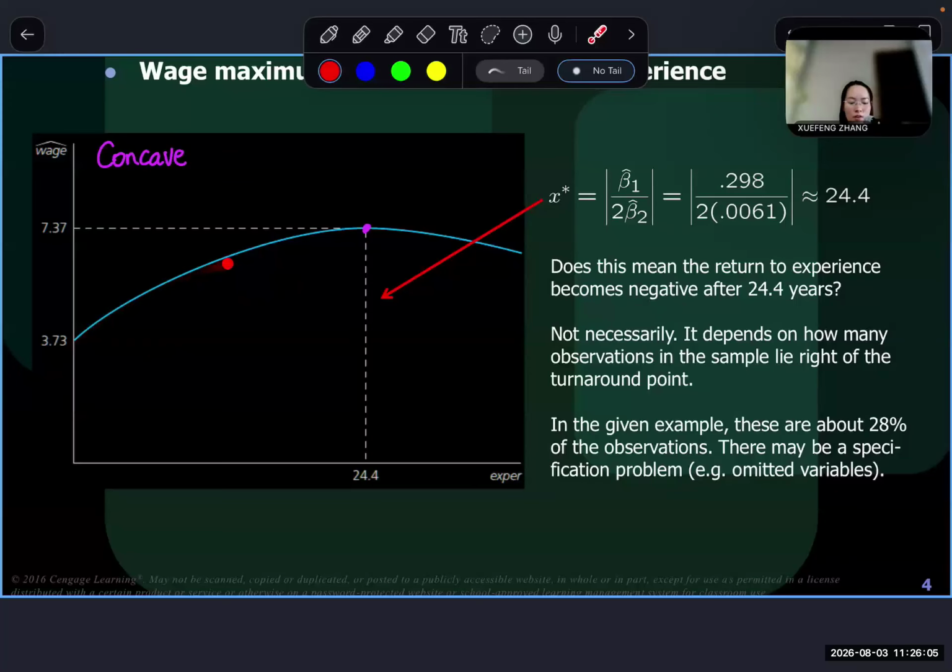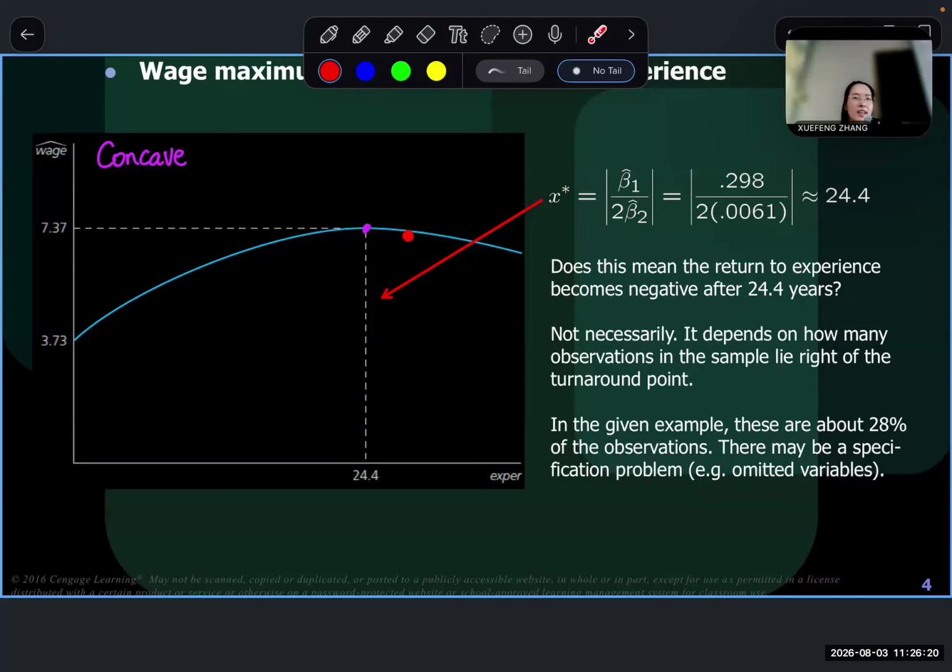We just use it as a mathematical tool to find the best fitted line. So a peak and decline don't necessarily mean something real is happening in the economy, okay?